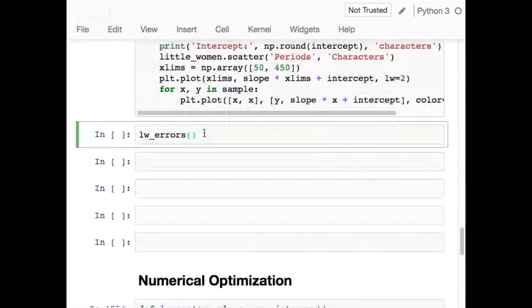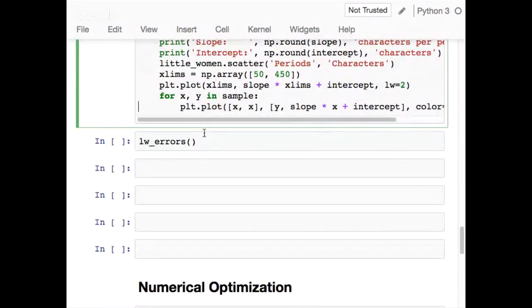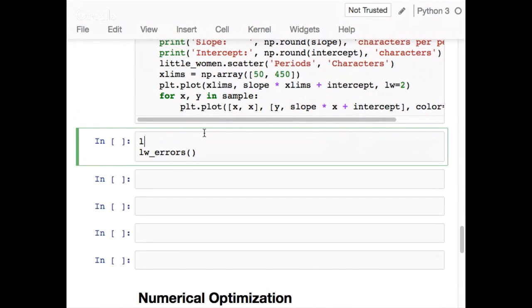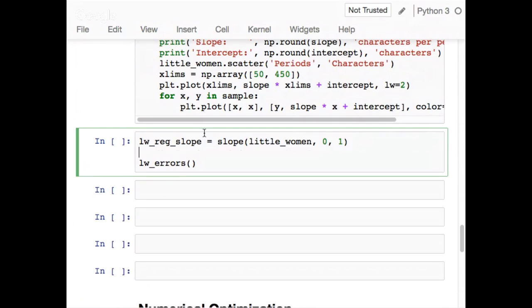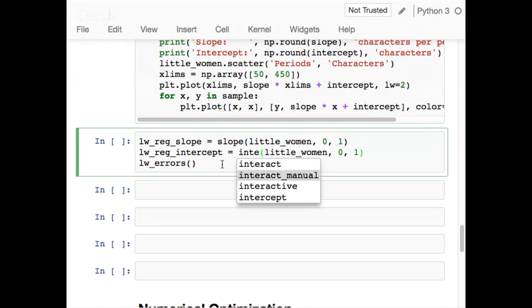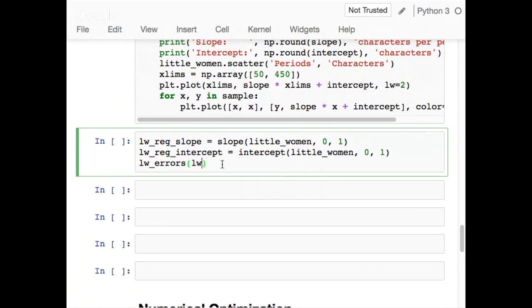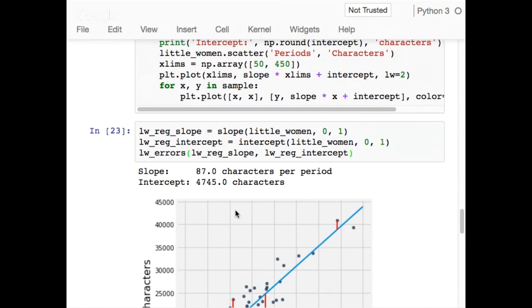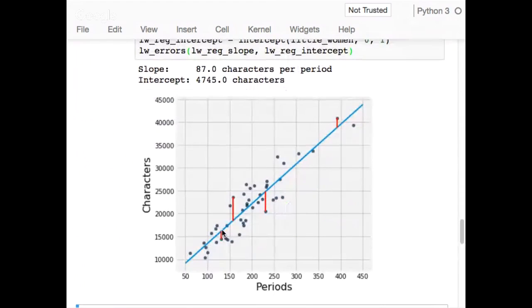I'm going to save the slope as lw_reg_slope, for Little Women regression slope, by calling slope on little_women, and do the same thing for the intercept. If I pass in both the slope and the intercept, this function will draw my line and also pick out some points and draw the error for these points.